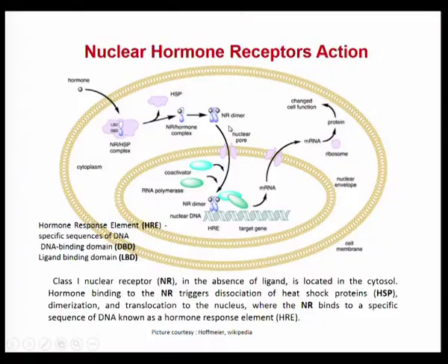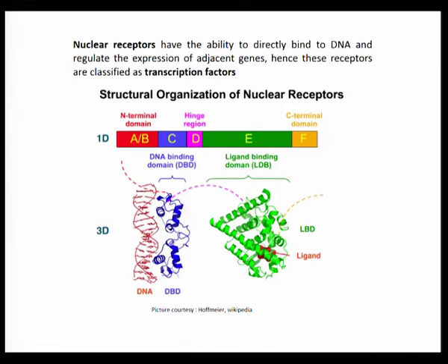These nuclear receptors are interesting because their role is extremely essential. You know what they do? They basically ensure what kind of genes can be expressed from the DNA. So in other words, all these nuclear receptors could very well be called transcription factors.